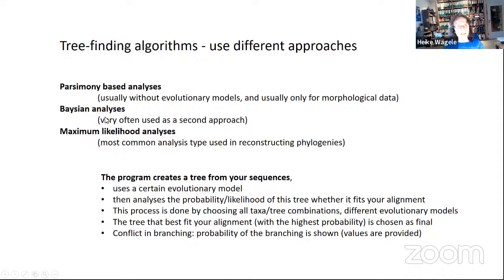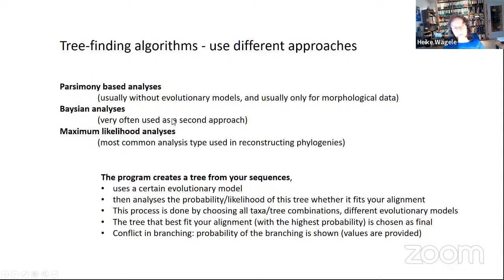Therefore, it starts in the beginning with lots of trees that are just crap, they cannot be used, and then by doing more and more trees with more analysis, it comes up to a kind of peak where it has much better trees that better fit your alignment, and then it goes on and refines and refines. But it creates millions of trees, and in the beginning you have the so-called burn-in to take out. There are programs like this.